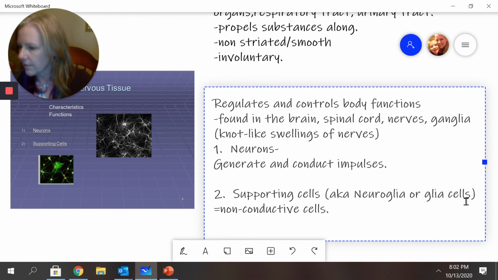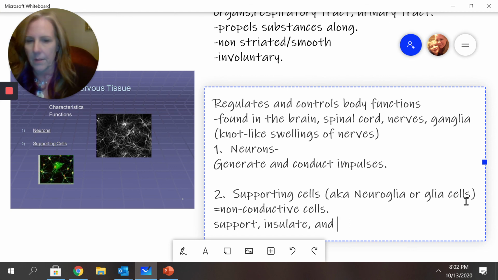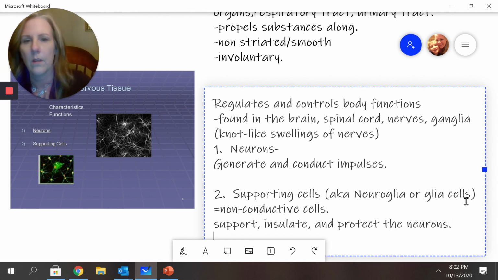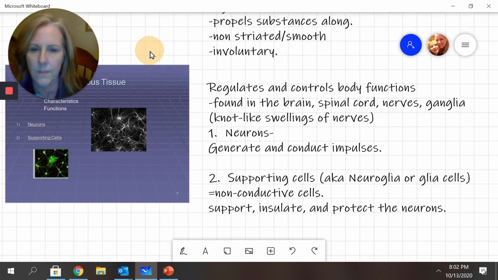They do not. So what are they there for, really? They support, insulate, and protect the neurons. They're really there as support staff, right? So they're the support staff for the neurons.